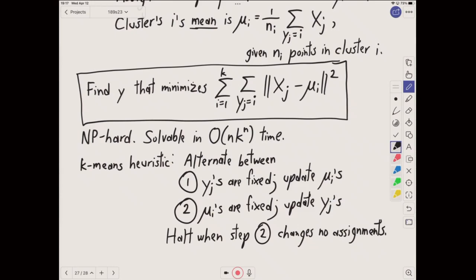All right, so again, we have an assignment of points to clusters. Then we compute the cluster means. Then we reconsider the assignment. A point might change clusters if some other cluster's mean is closer than its own cluster mean. Then you repeat this over and over again.